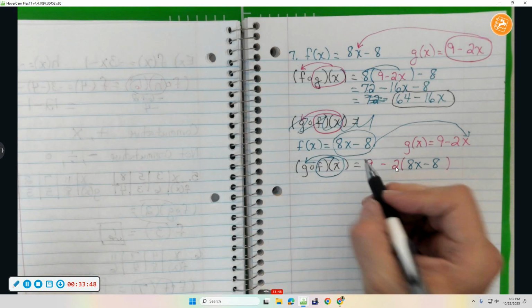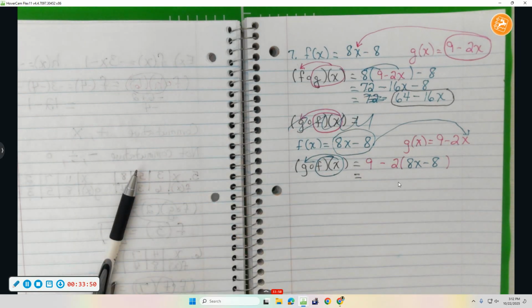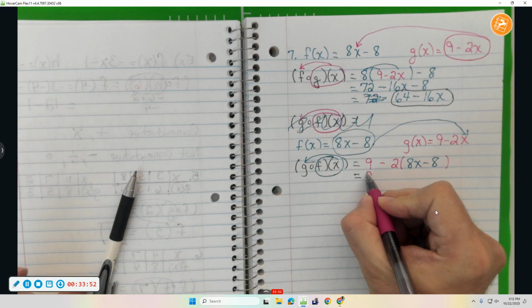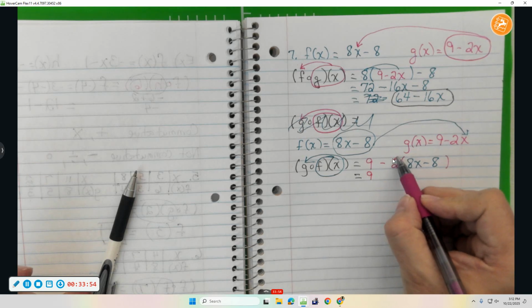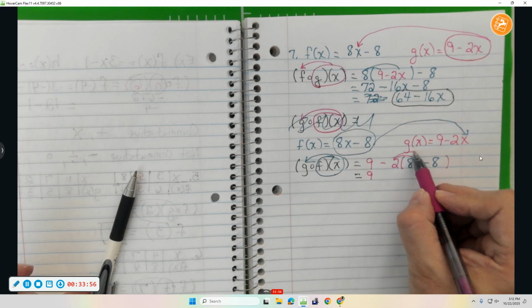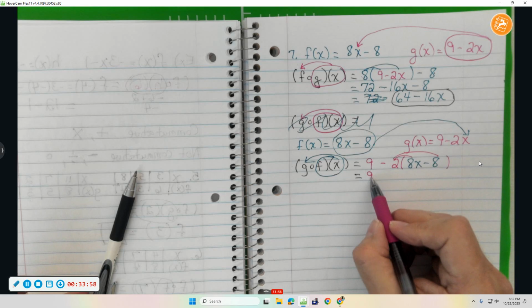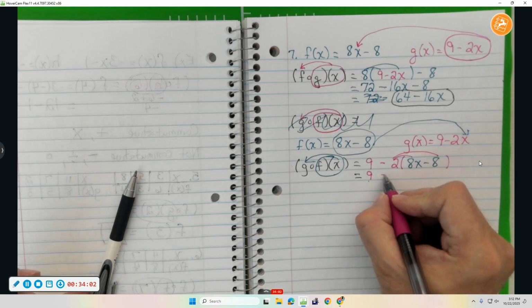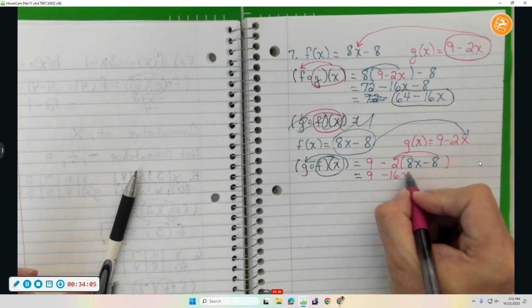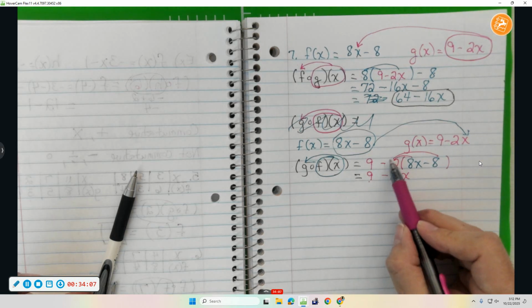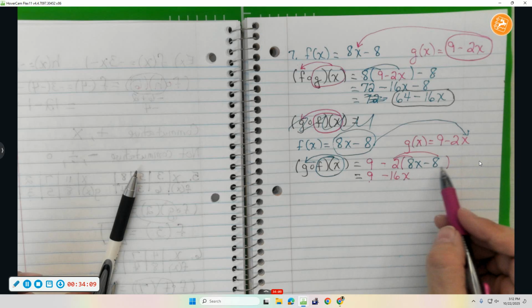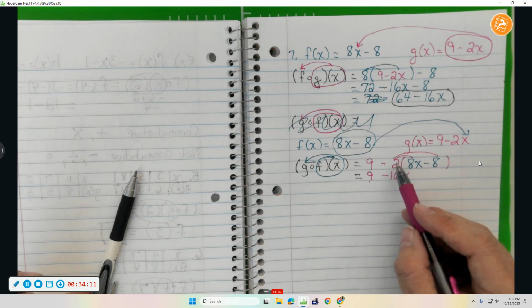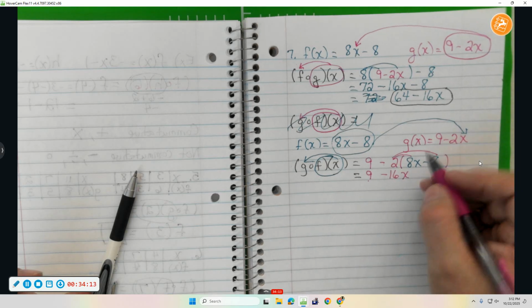The order of operations says you multiply before you subtract. So you're multiplying a negative 2 over that 8x minus 8. So we have 9. Then instead of minus 16x, and what are we going to have last there? A plus 16.